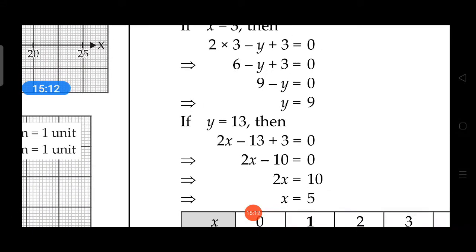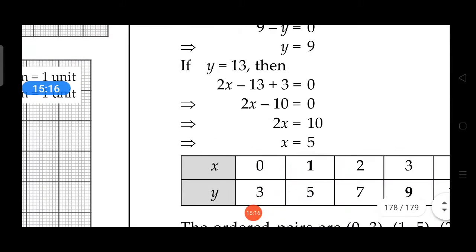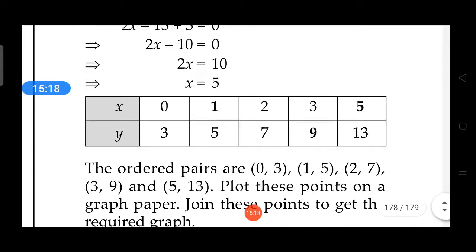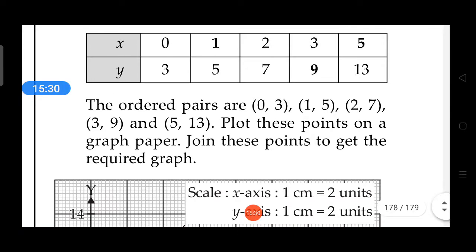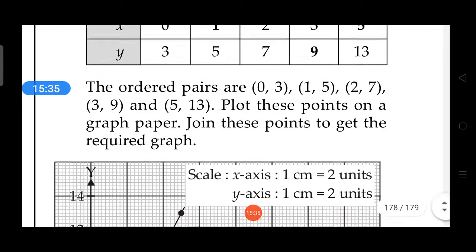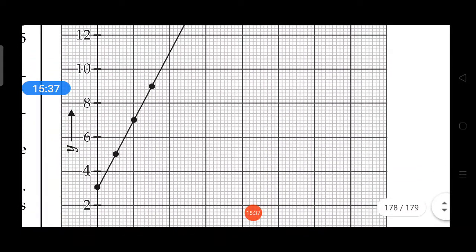Now third, if you take y as 13, then x you will get 15. So for x you will get 1, and in the last block you will get 5, in y you will get 9. Okay, then the ordered pairs are 0 3, 1 5, 2 7, 3 9, 5 13. Then we can easily plot a graph.